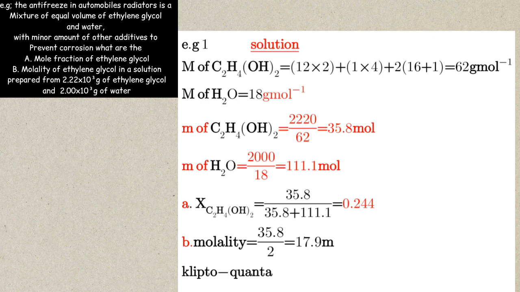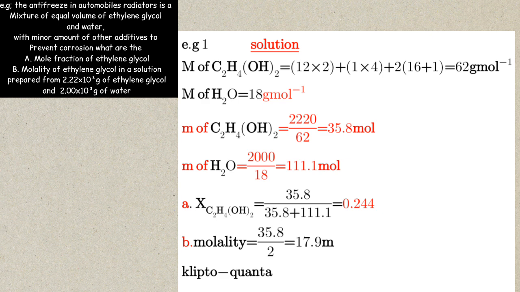Converting it from standard form, you have 2000 for water and 2220 for the mass of ethylene glycol. Our molar mass for ethylene glycol is 62 gram per mole. Molar mass of water is 18 gram per mole, and our mole for ethylene glycol is 35.8 mole, while the mole for water is 111.1 mole.